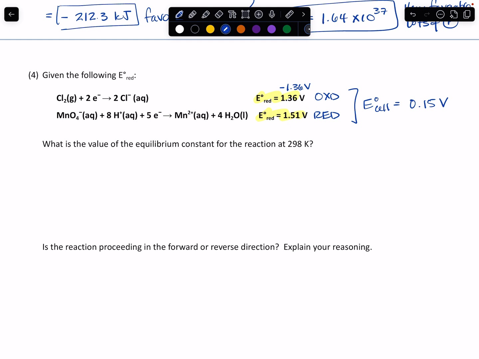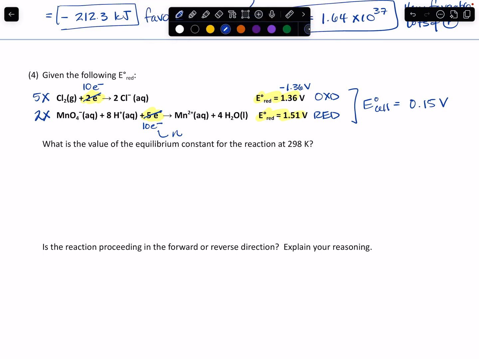Now electrons being transferred. If we look, we've got 2 here and 5 here. So that's not balanced. So I would multiply this by 5 and I'd multiply this by 2. And that's going to give me 10 total electrons that are being balanced. So that's going to be our n value for these calculations.